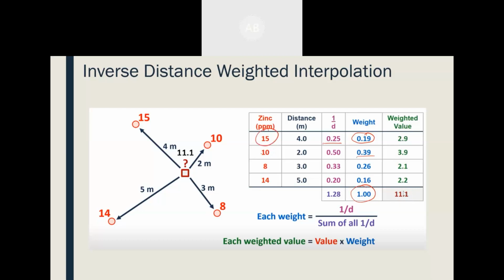In this case, this is 11.1 as per the formula here. And multiply 0.25 into 1.19 is 2.9, 0.5 into 0.39 is 3.9, 0.33 into 0.26, all these values, then we add it up. So we get the unknown as 11.1.